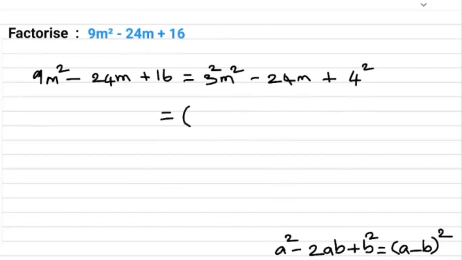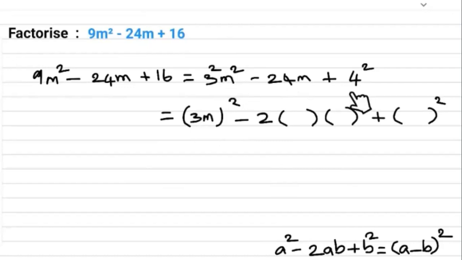So 2 into a into b, what is your a and b? It is 3m and 4. So a is 3m and b is 4, right?